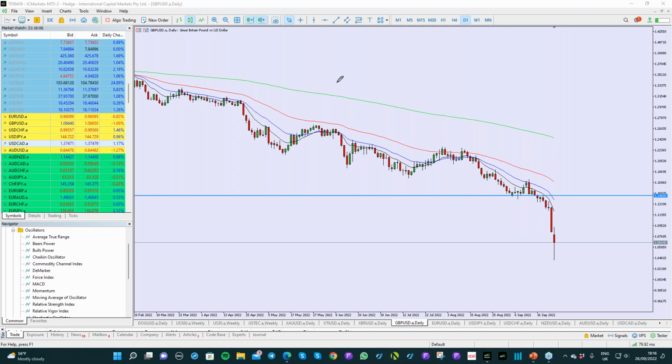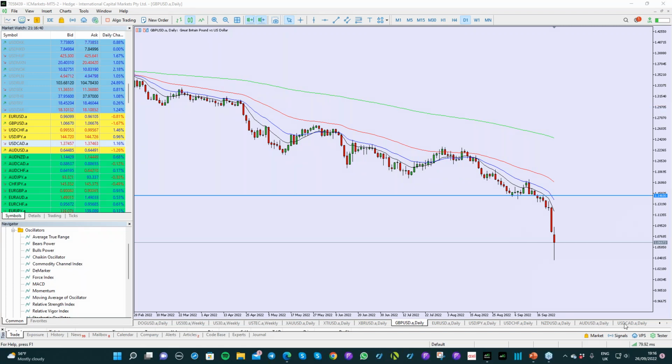And so having moving averages on the chart can help us to work out where might be a reasonable place to expect the market to pull back to before the next move in the right direction. Now, as a trader and as a trend trader, it is our job to trade in the direction of the trend, but not only do we want to trade in the direction of the trend, but we want to time it correctly so that we get the best possible price, the best possible entry.